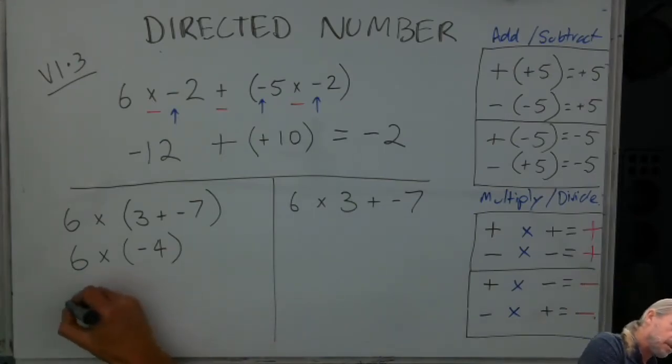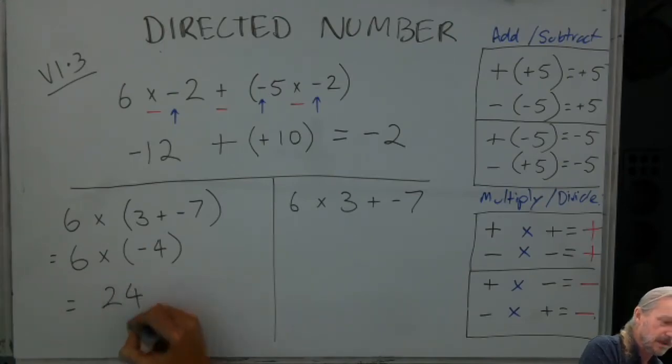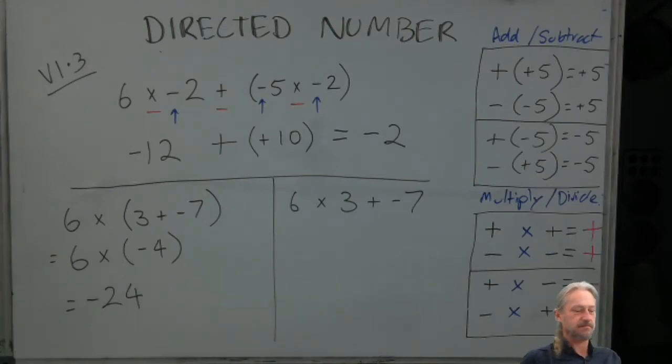So 6 fours, I should put an equals there, 24, and a positive times a negative gives us a negative answer. Okay, hopefully we're all good with that.